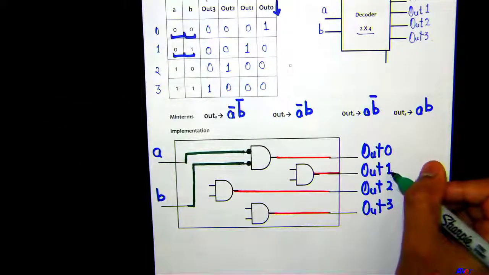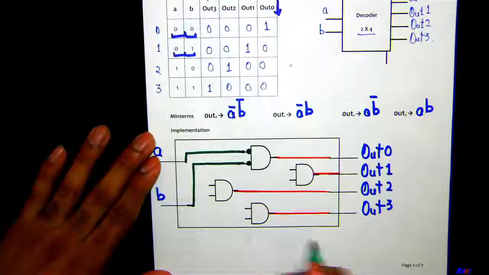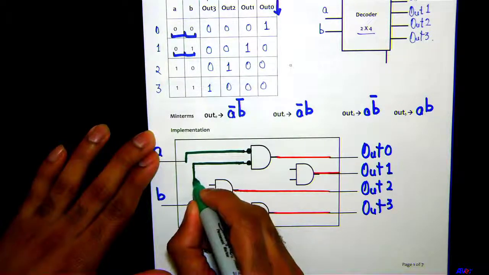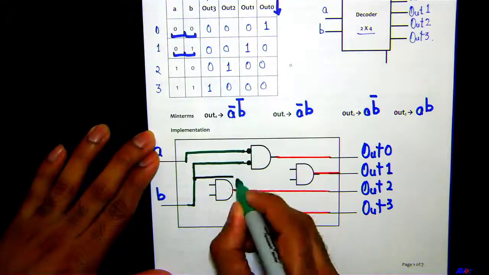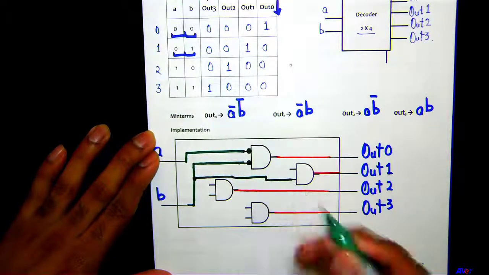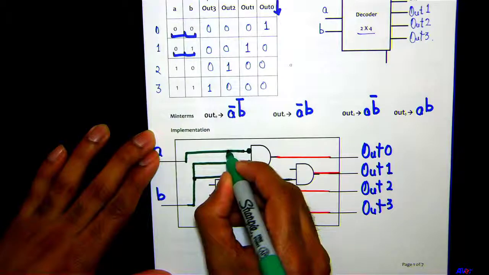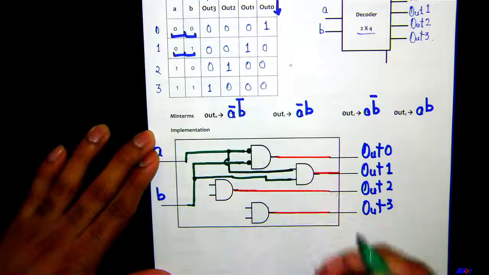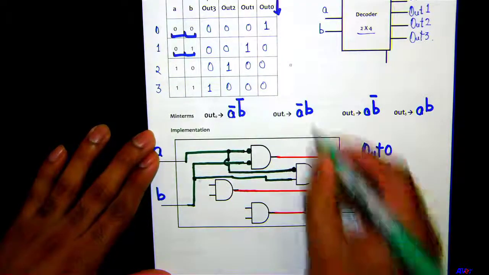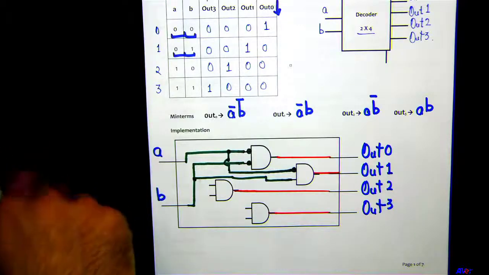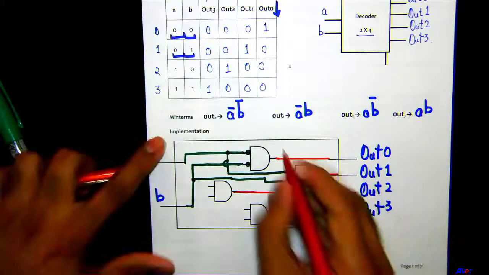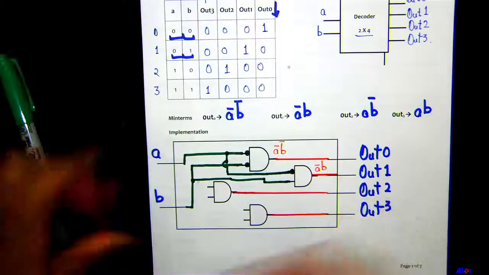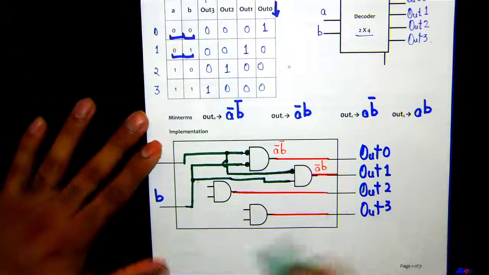Out 1 is A bar B. I have this B right here, and this is your A, and it has to have a bubble because out 1 is A bar B. Out 2 is A B bar.